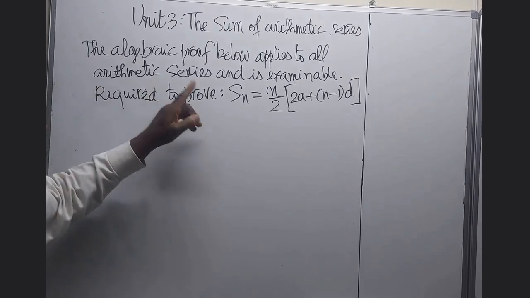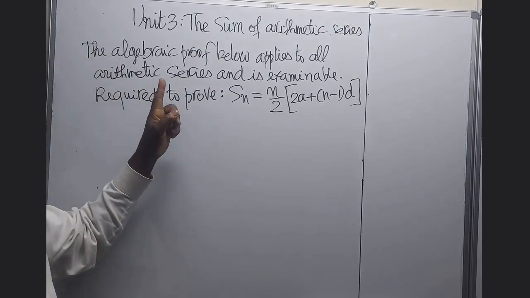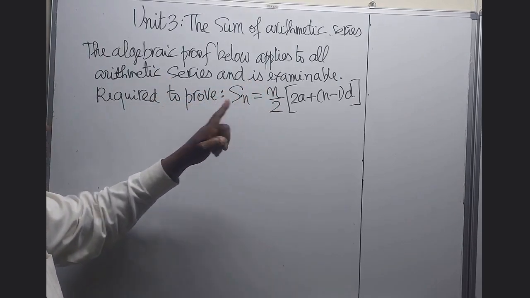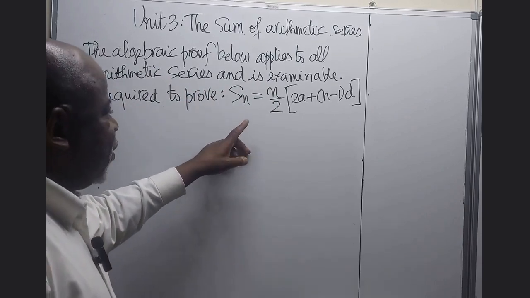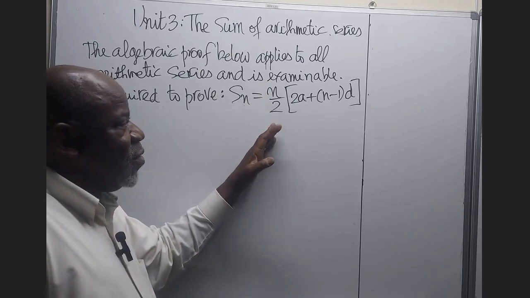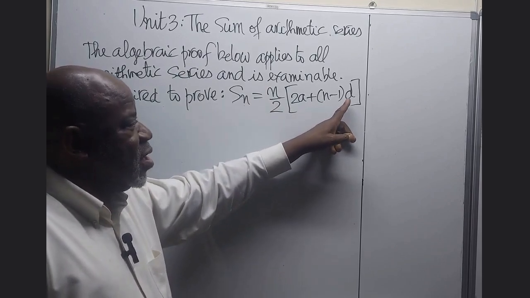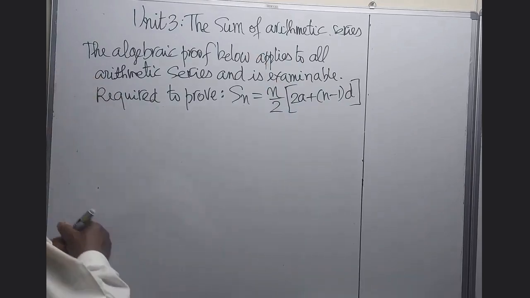The algebraic proof below applies to all arithmetic series and is examinable. Required to prove Sn is equal to n over 2 multiplied by 2a plus n minus 1 times d. So we're going through the proof now.